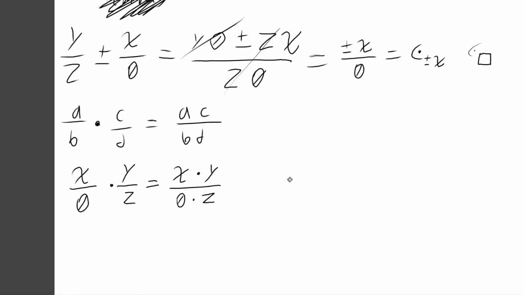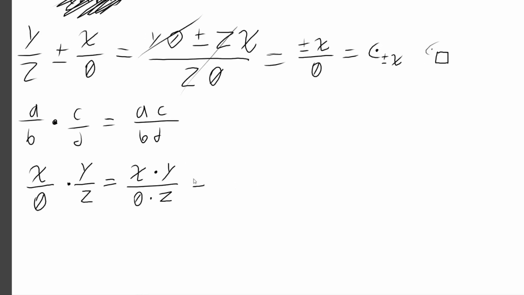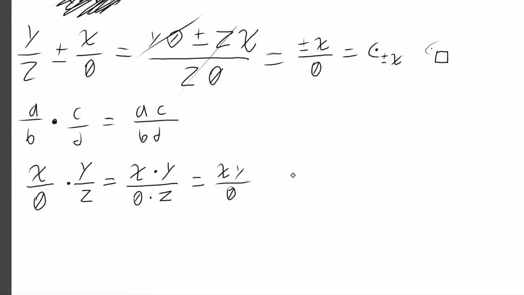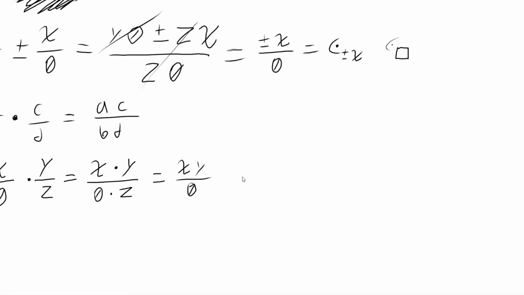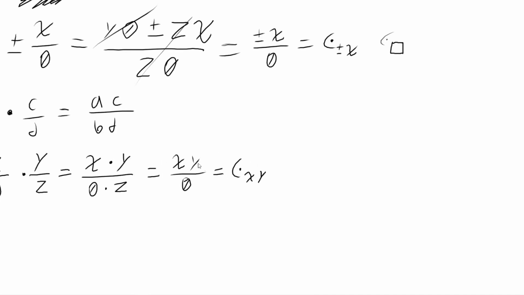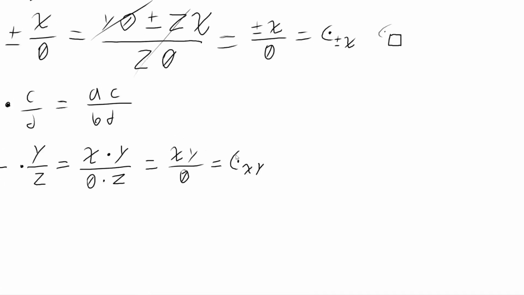And this, in turn, equals x times y over 0. So this is already an interesting change because we've just adjusted the property to have two values. So now it's cxy. So it's acting pretty normal above, and now we've got these fairly interesting properties below.